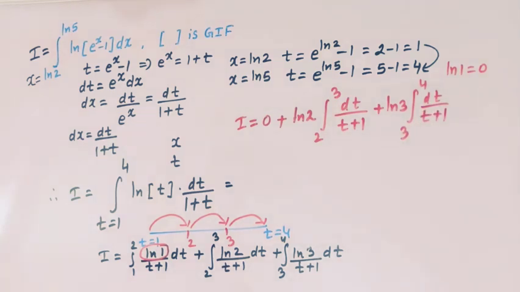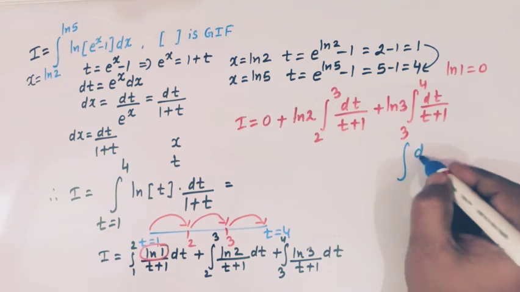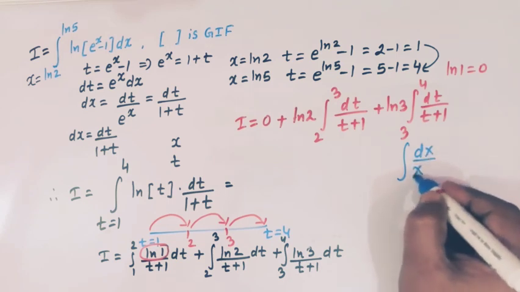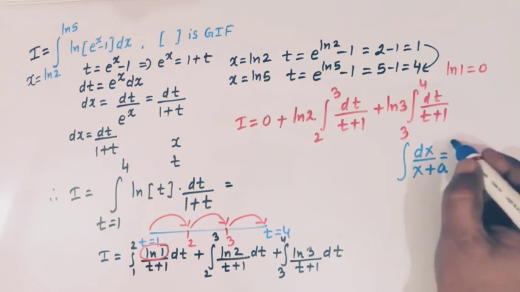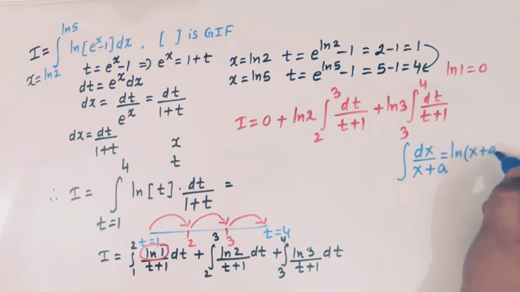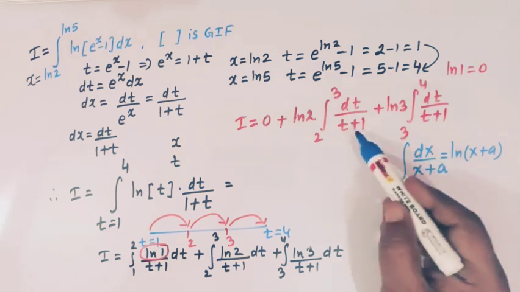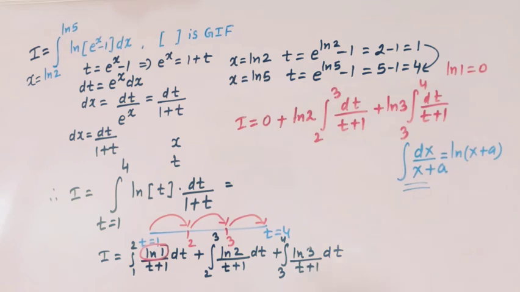Okay, now we know that the integral of dx over x plus a is equal to log of x plus a, and we'll apply this formula to evaluate these two integrals, right?